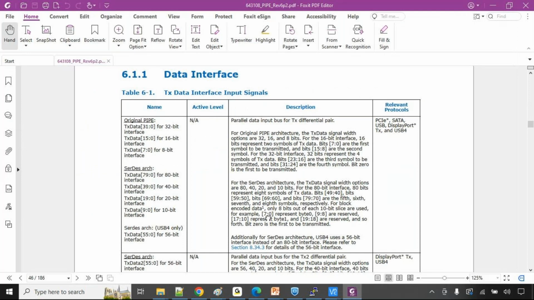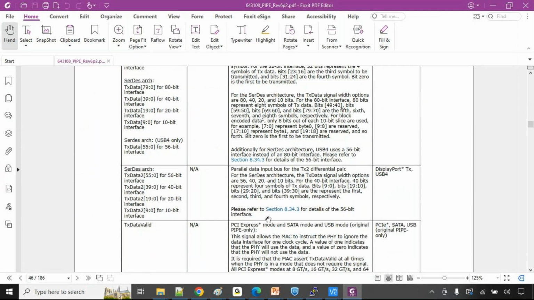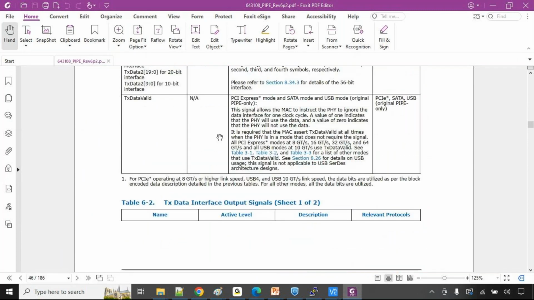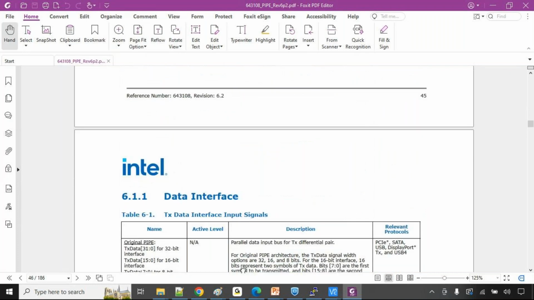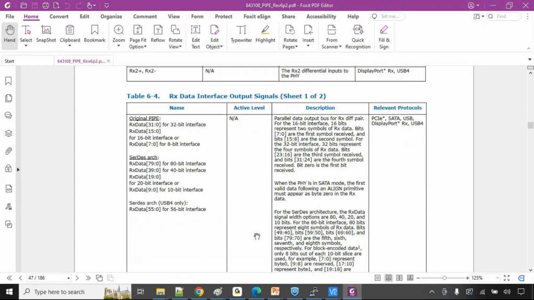Transmit data, transmit data valid. Do you see transmit data valid is there? Other than that, what else is there? Mostly that is on the transmit side. On the receive side, what else is there? Let's see. On the receive side, there will be receive data. You can see receive data, which is either 32-bit, 16-bit, or 8-bit, depending upon the requirement.